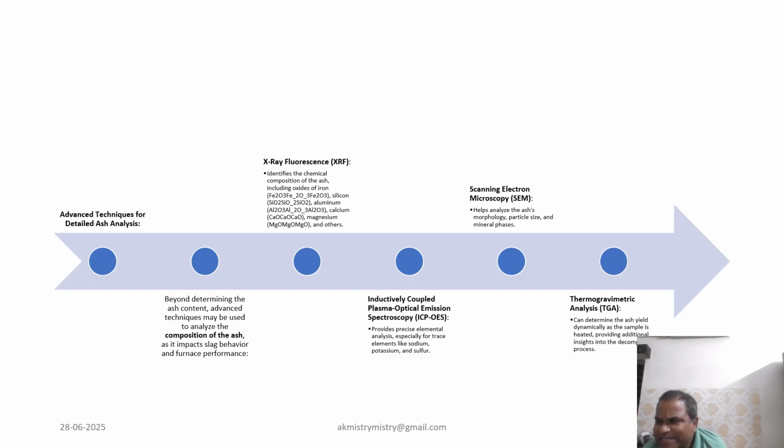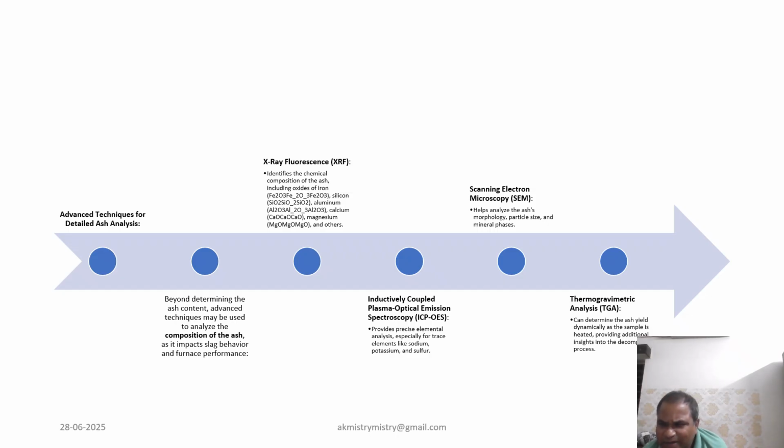As we can see, a lot of details are laid out in the slide. It introduces X-ray fluorescence, or XRF, a powerful tool for analyzing ash. XRF identifies the chemical makeup, like iron oxides, in the ash left after coal burns.